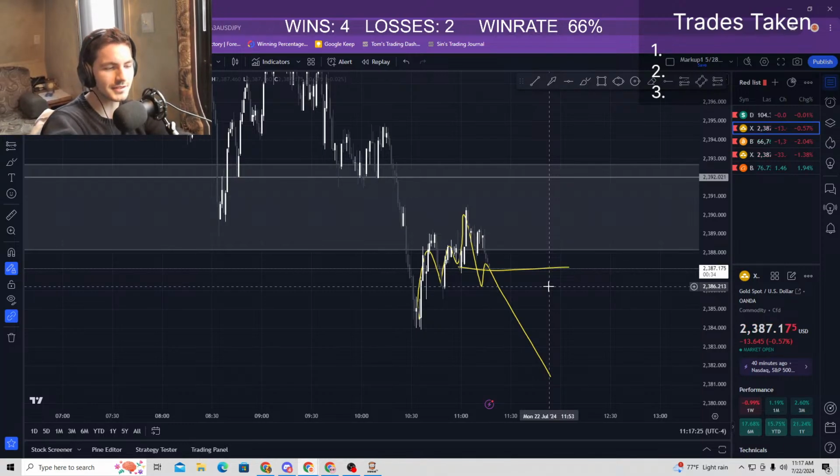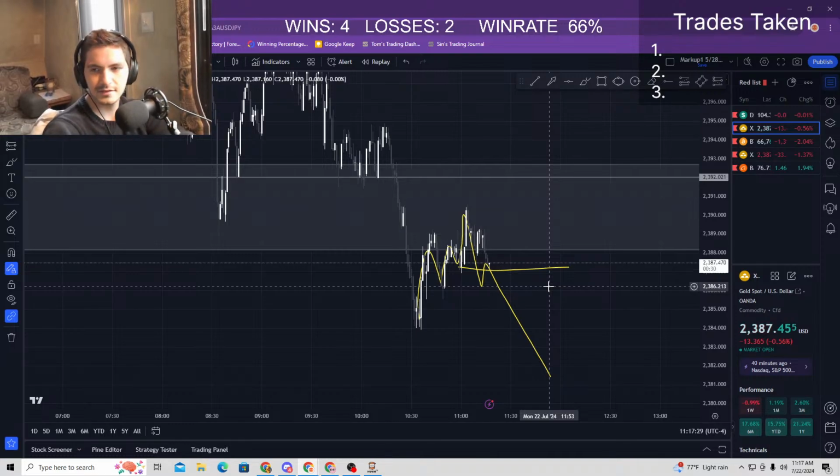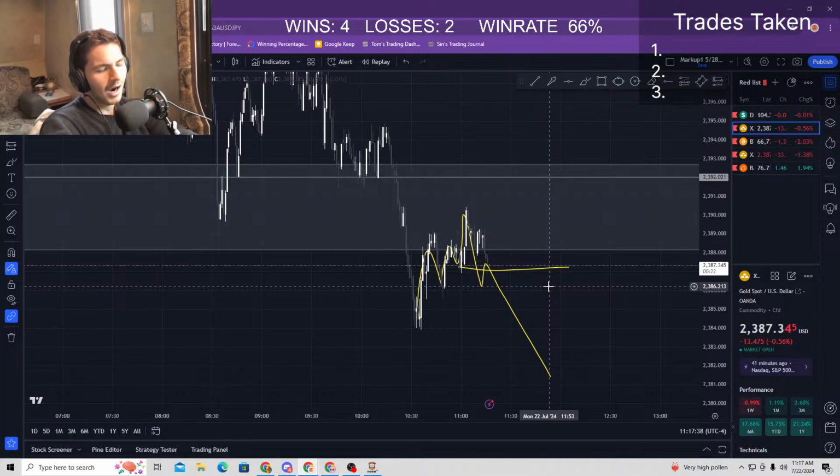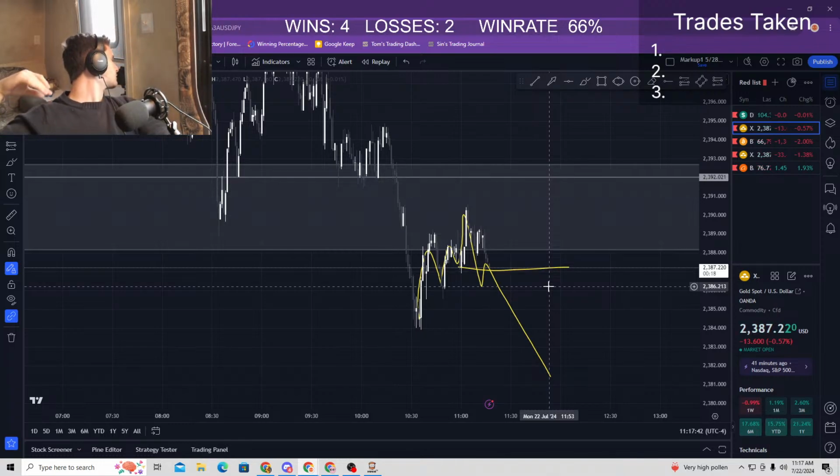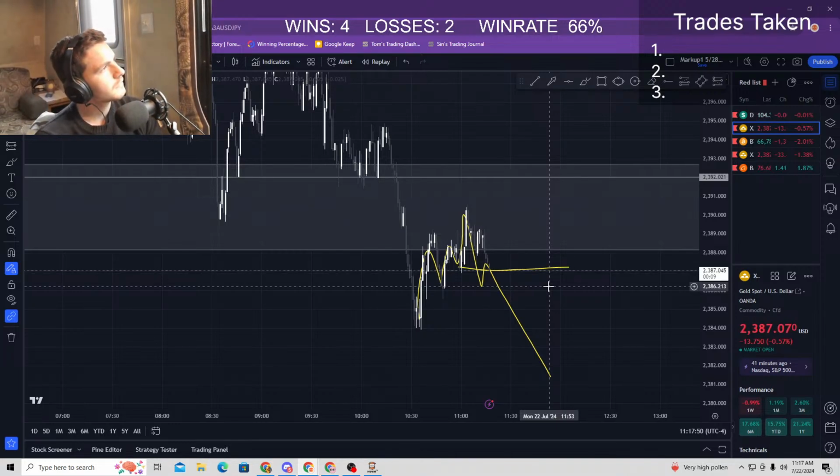I always use DXY, but I think I'm gonna try to start getting away from that. Technically it's in confluence, but then DXY has a mind of its own sometimes, right?